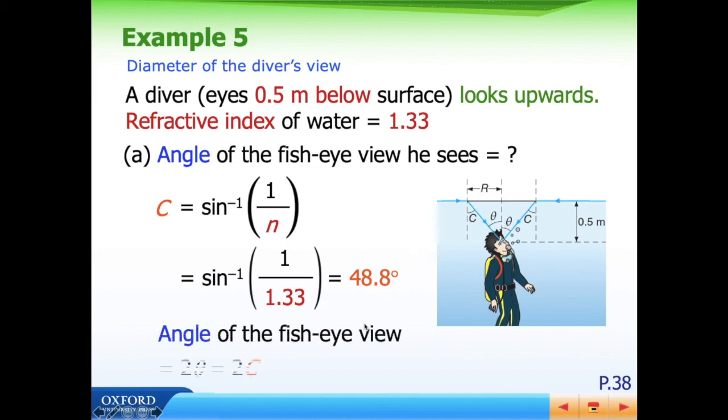So the angle of the fish eye view will be twice that theta, which is twice the critical angle. Therefore, it will be equal to 97.6 degrees, which, according to our discussion a while ago, means the fish eye view has an angle of approximately 98 degrees.